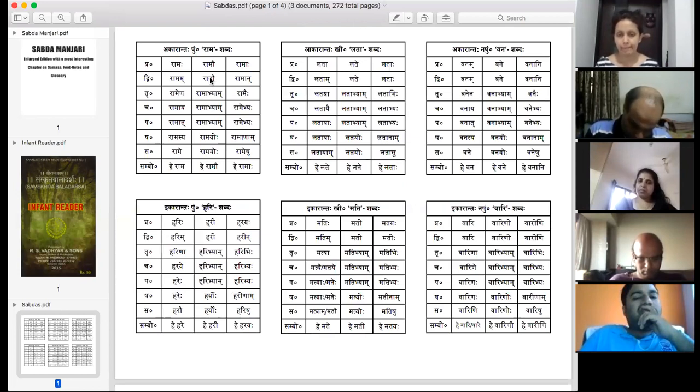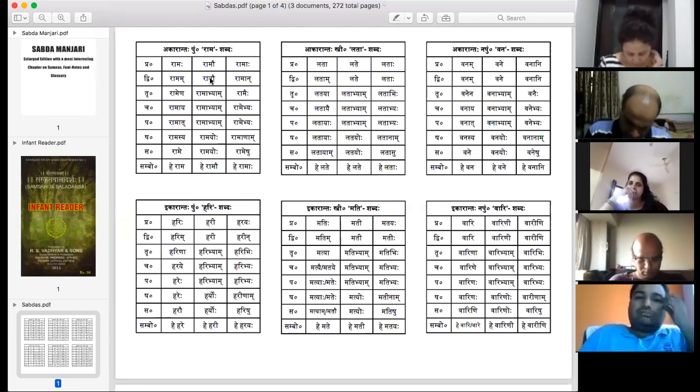Any word in Sanskrit which ends in a and which is masculine gender, okay, gender is also important, will have these forms.